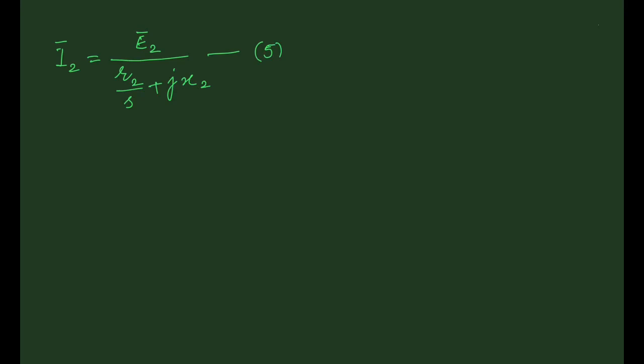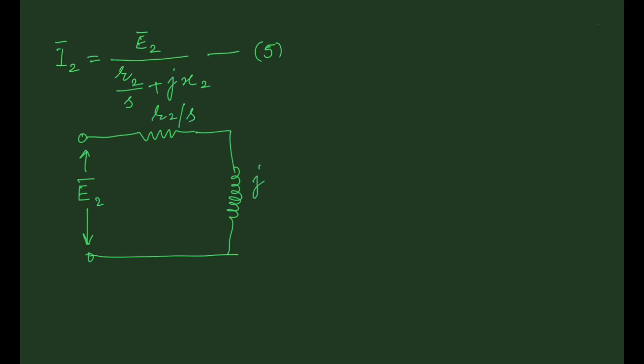And this equation can also be interpreted by a circuit in which we have the EMF E2 acting on a circuit of impedance R2 by S plus jX2, and the operation that we have performed on this equation does not change the magnitude and phase of the current.